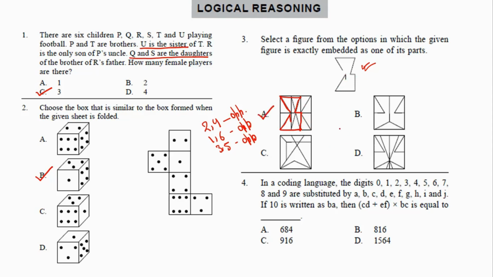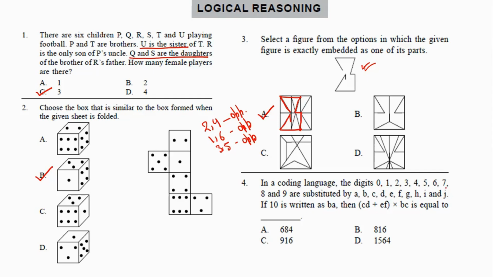Now we come to the 4th question. In a coding language, the digits 0, 1, 2, 3, 4, 5, 6, 7, 8, and 9 are substituted by A, B, C, D, E, F, G, H, I, and J. If 10 is written as BA, that means BA means 1, 0, right? Then CD plus EF into BC is equal to.